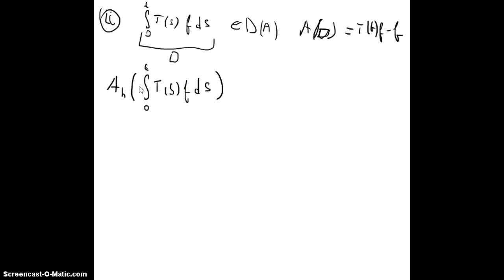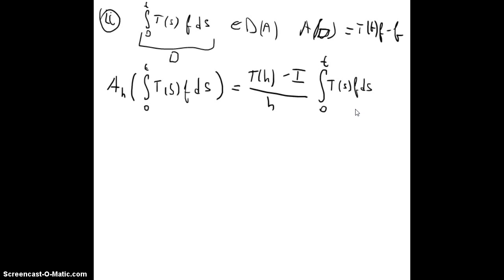Okay, so we know that then we can take the limit and see what happens if it is in the domain. So this is equal to (T_h minus I) over h multiplied by the integral from 0 to t of T_s f ds.